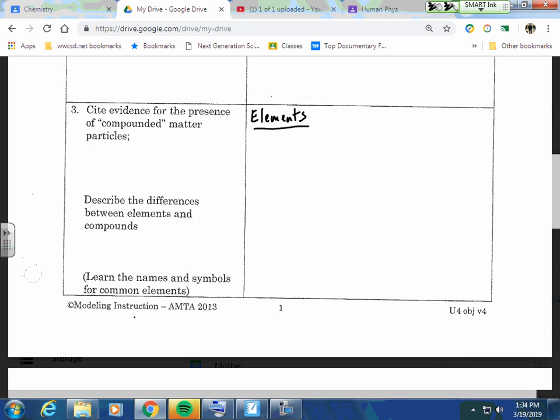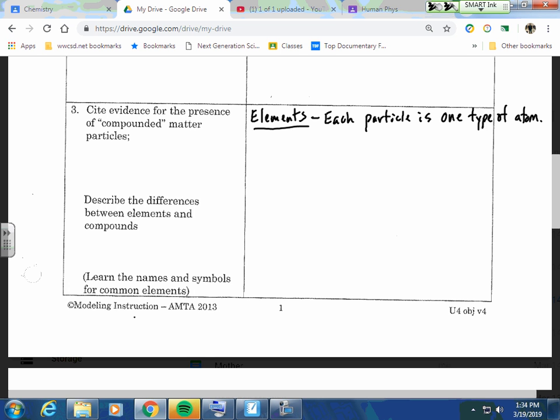The difference is that with elements, each particle, so each piece, is only one type of atom. Before, when we were identifying the difference between pure substances and mixtures, it was about whether the particles are the same or not.